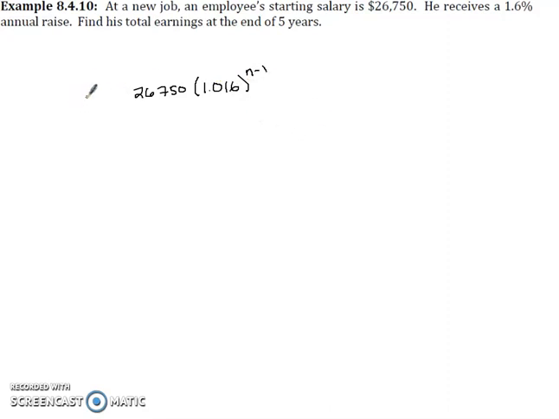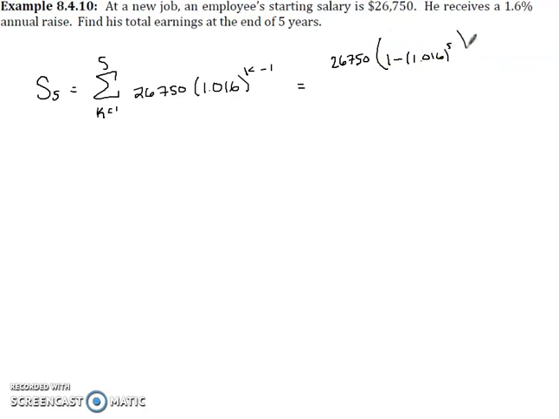And we want the total earnings of the first 5 years, so I want the sum of the first 5 terms in this series. So I start at k being 1, and I'm ending at 5, which means that here I should actually have k as my variable instead of n. So using my formula, I have a1, which is 26,750, multiplied by 1 minus my r, which is 1.016, to the power of n.